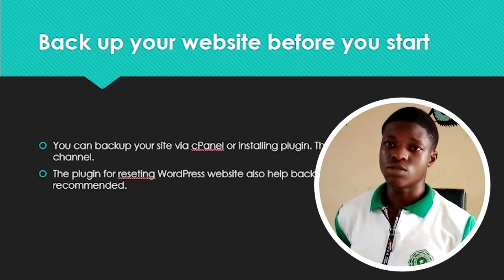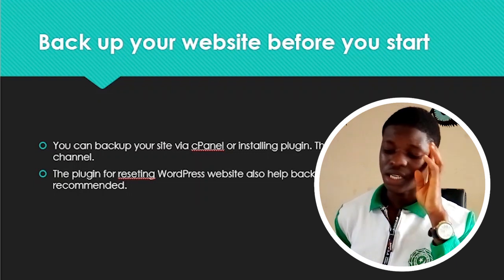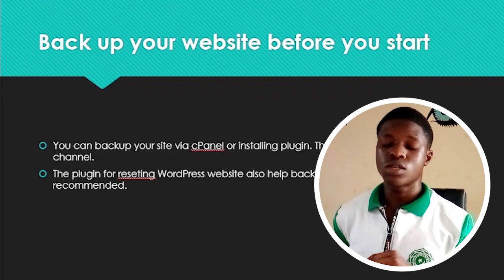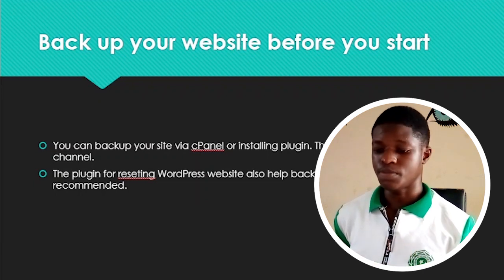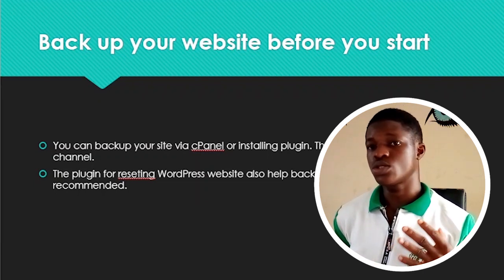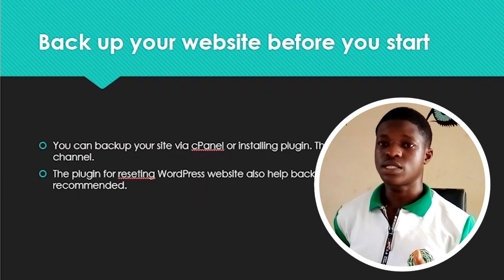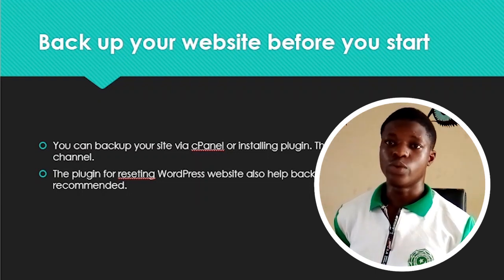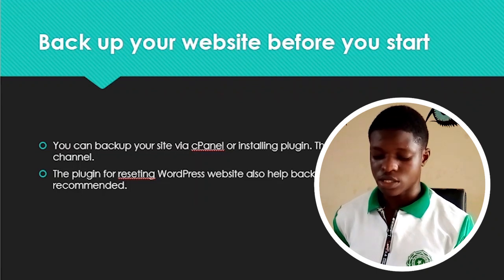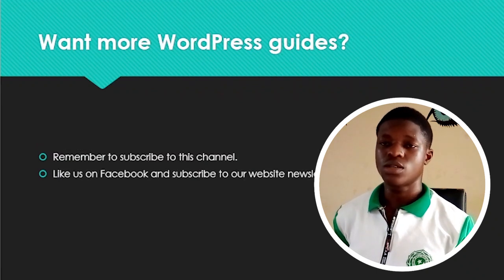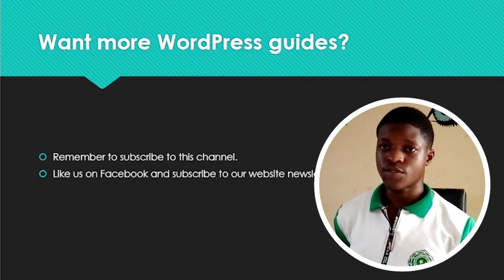The plugin for resetting a WordPress website can also help you back up your website, like we have just done in this video, but it is not recommended. You should use a normal backup plugin like UpdraftPlus to back up your WordPress website. That one is highly recommended.